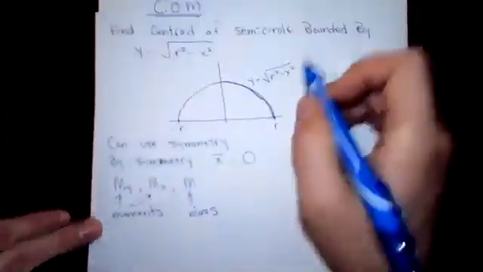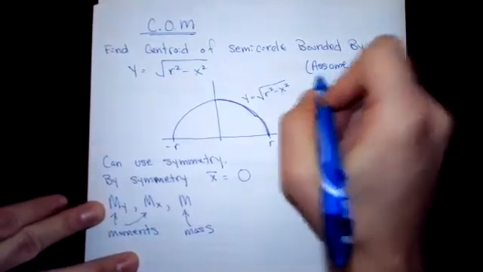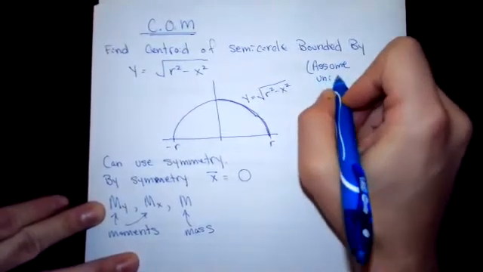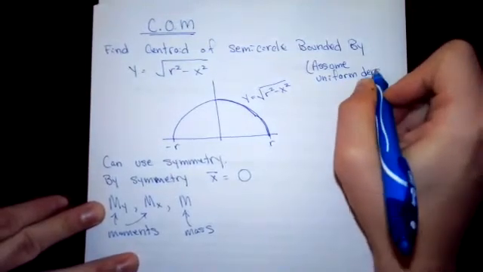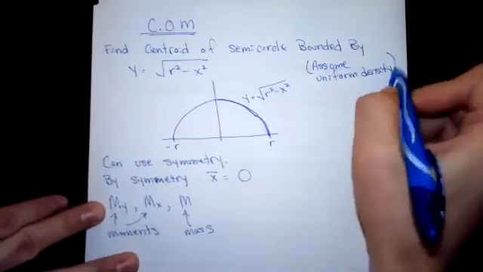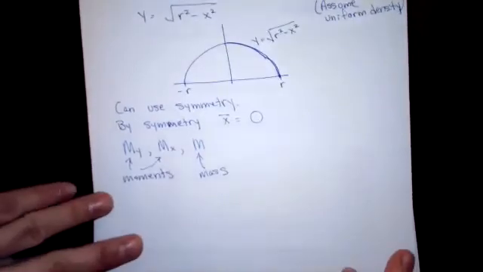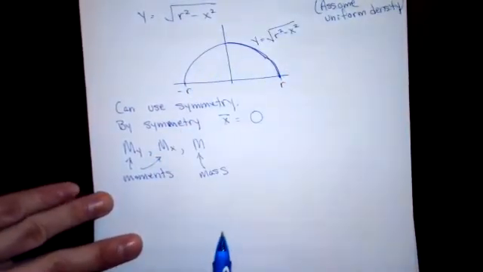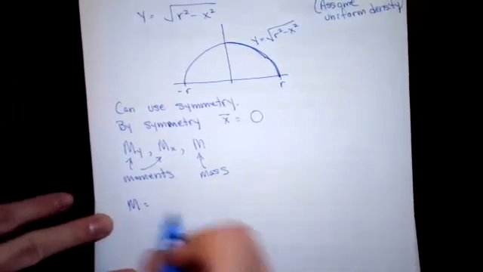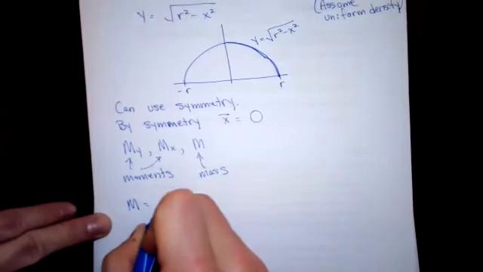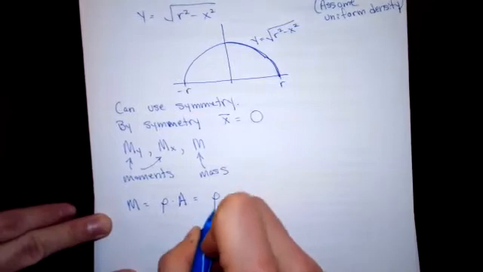So assuming uniform density, meaning that it's not weighted differently at any given point, it's all the same density at every given point, then what is our mass? The mass is just going to be the density times the area. And area we know how to find.